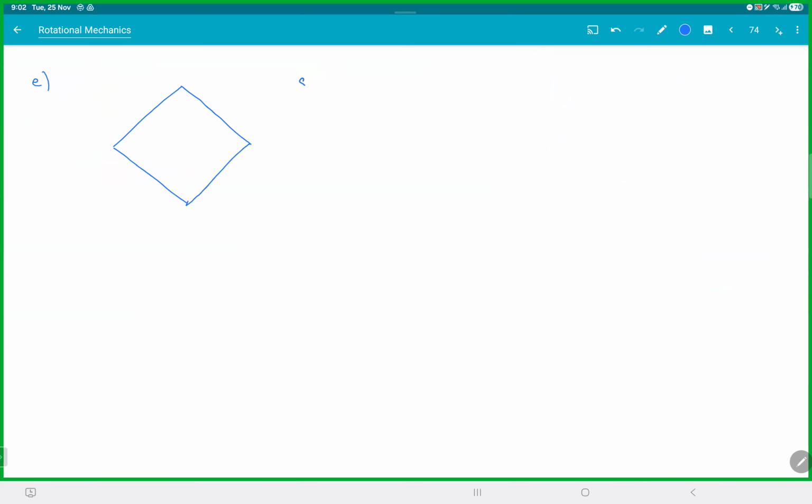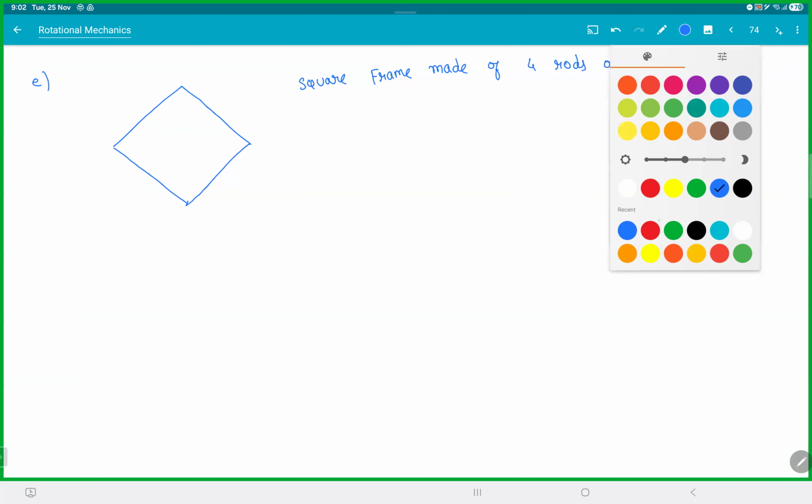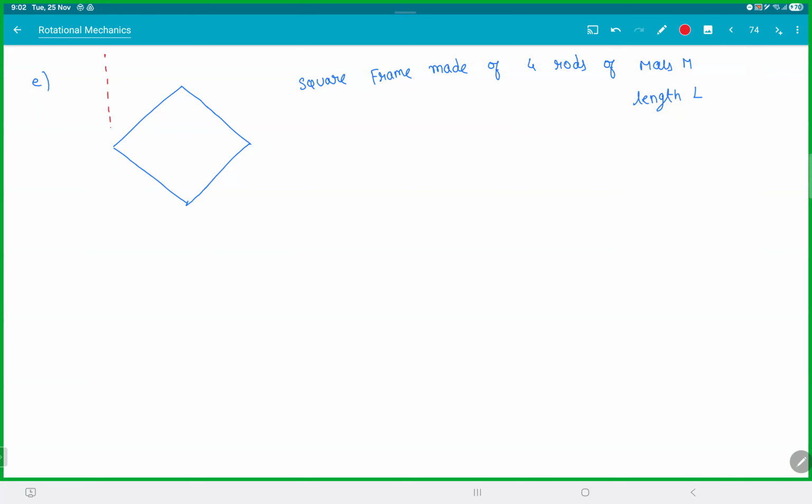This is a square frame made of 4 rods. Find the moment of inertia about this corner.